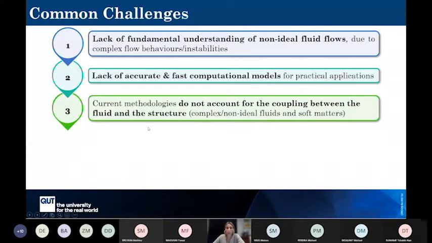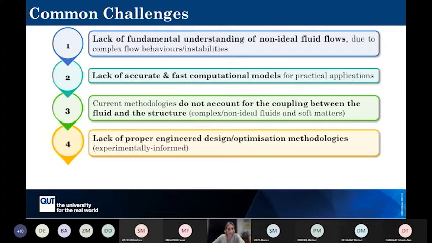The coupling also between those fluids and mixtures and some structural aspects, especially if we look at soft matters, that's why I've got a section on liquid marbles and red blood cells. But looking at those couplings between complex and non-ideal fluids and soft matters, which is still probably lacking in the literature.